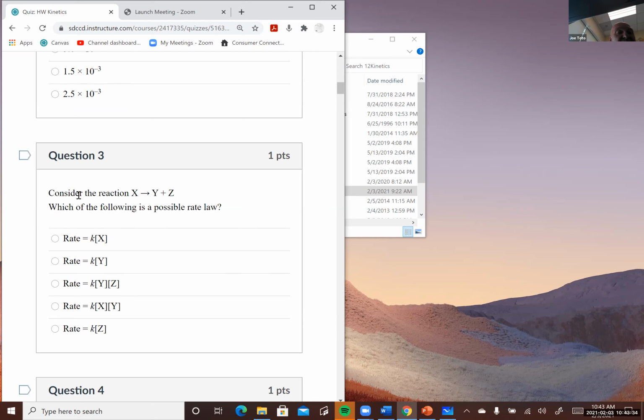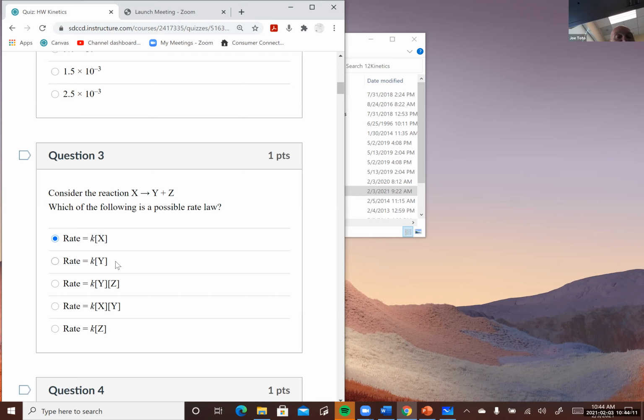So we're considering this reaction. As soon as you write down a reaction on a piece of paper, you've defined what are reactants and products. Now they ask, what is a possible rate law for this reaction? Is this first one possible? Yes, where x is to the first order. How about the second? No, that's the right answer.